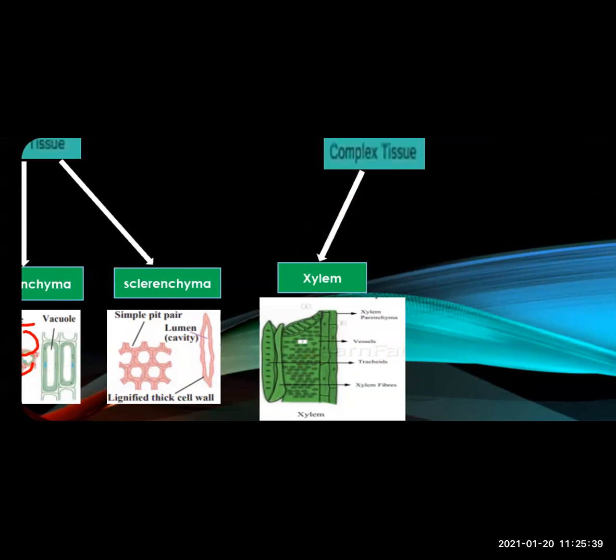Other than tracheids and vessels, xylem also consists of xylem parenchyma, which helps in storage, and xylem fibers or xylem sclerenchyma, which provides rigidity and support to the conducting tissue. That is, it provides rigidity and support to the vessels and tracheids. Remember, the major function of xylem is conducting water and minerals in the upward direction.